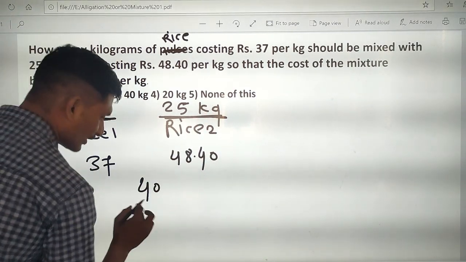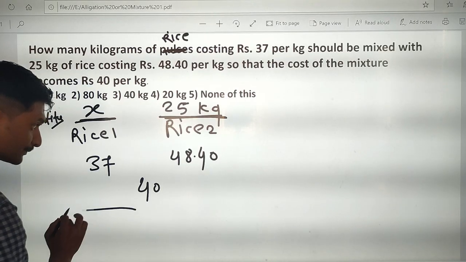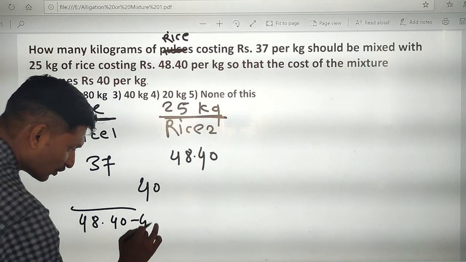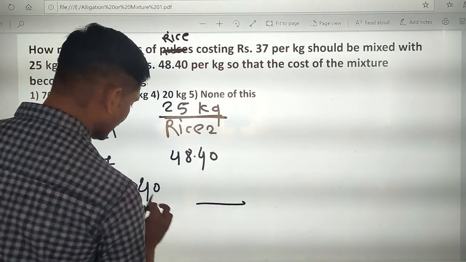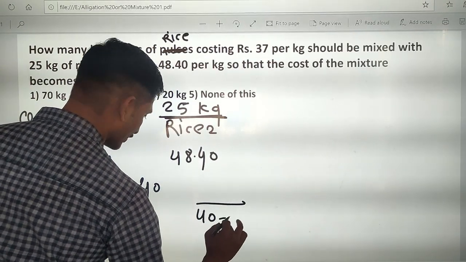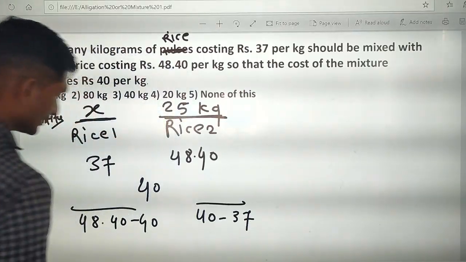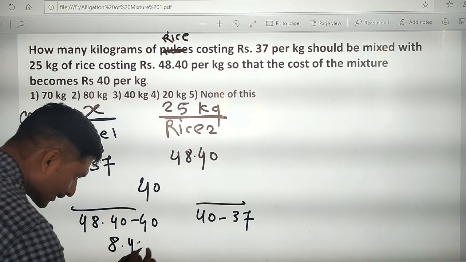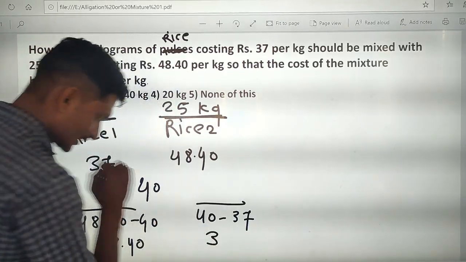Now we take the subtraction of these two: 48.40 minus 40, and 40 minus 37. Here the subtraction is 8.40 and here the subtraction is 3.